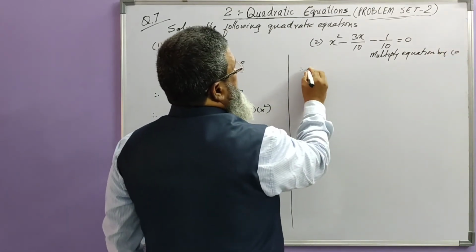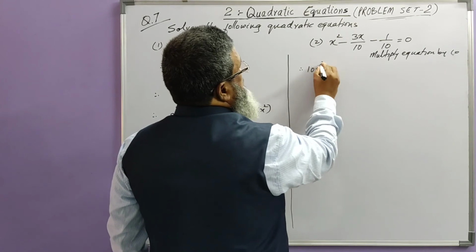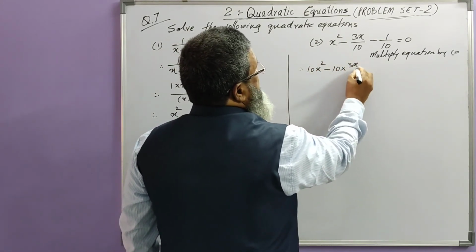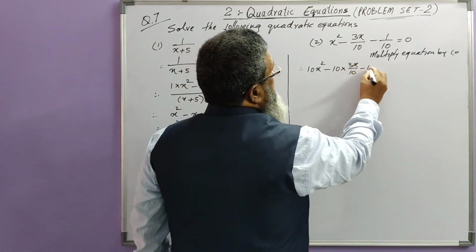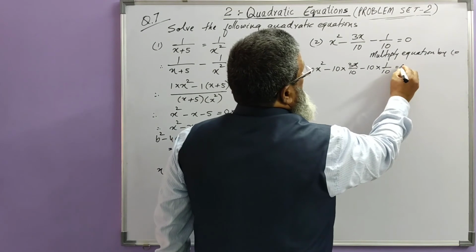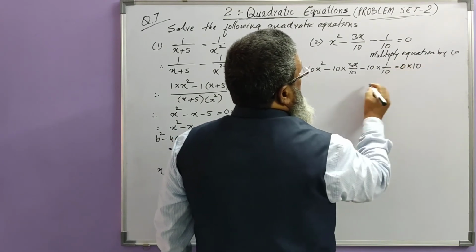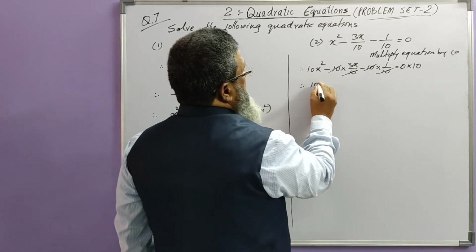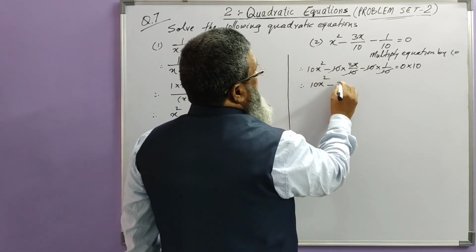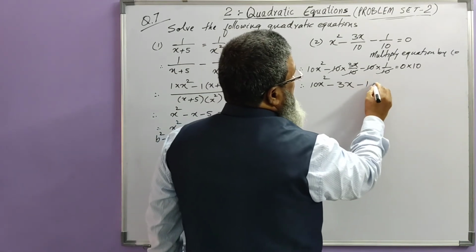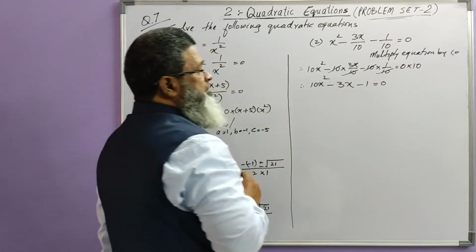What happened? Then 10x square minus 10 into 3x upon 10 minus 10 into 1 upon 10 is equal to 0 into 10. Here 10 gets cancelled, here this is cancelled. Then 10x square minus 3x minus 1 is equal to 0.